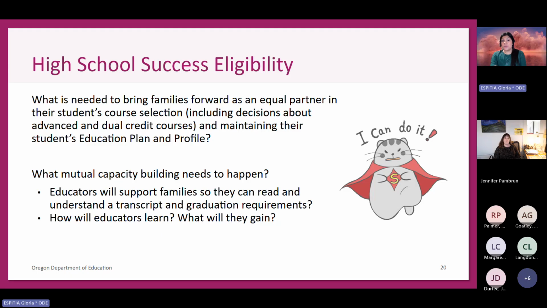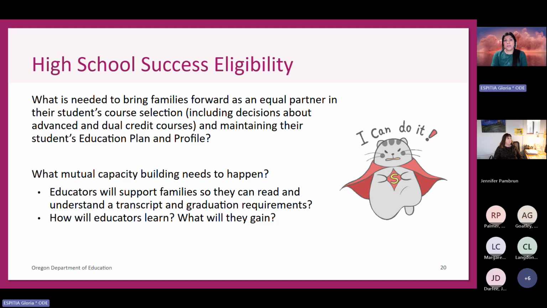And this also includes helping families understand how to read a transcript. And so this involvement should also be documented with a plan to increase outreach to families who are not yet engaged. And in addition, families do need to have a voice in decisions about advanced and dual credit coursework.